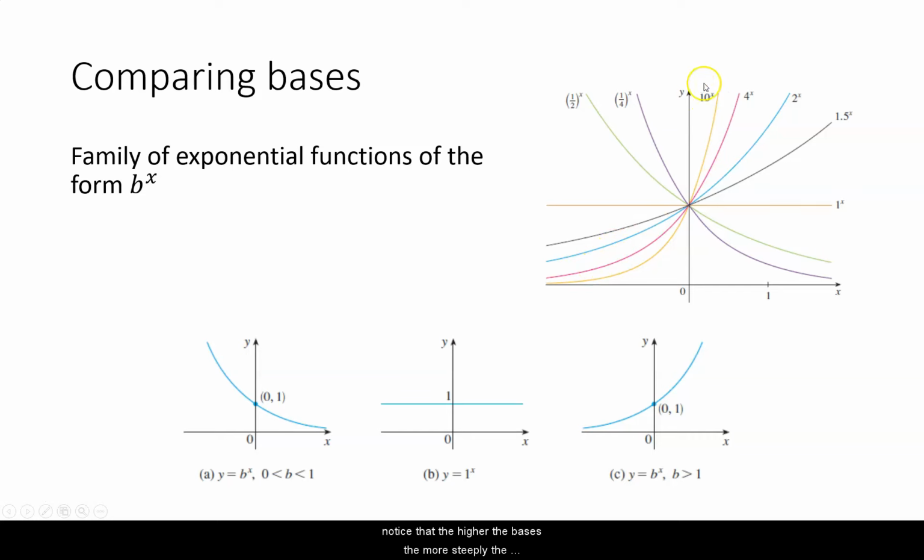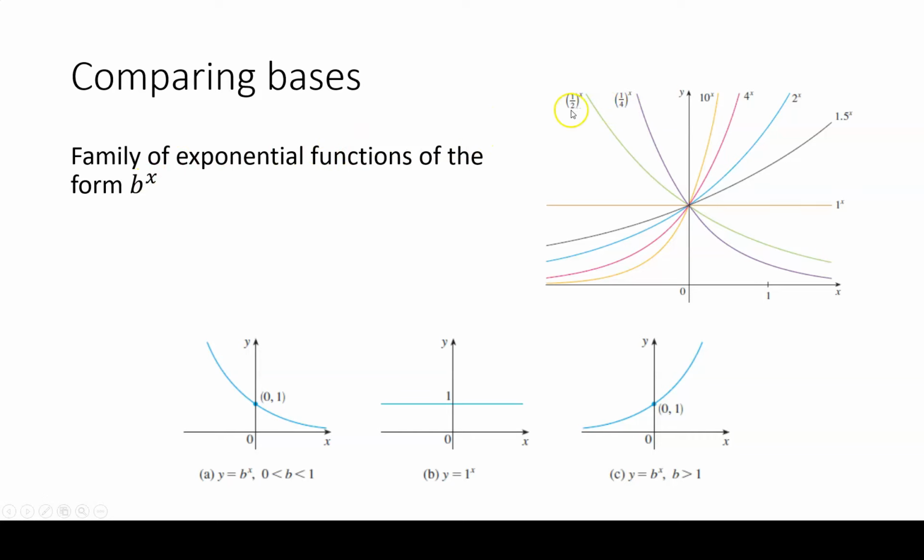Notice that the higher the base is, the more steeply the graph rises. For instance, 10 to the power of x compared with 4 to the power of x, 2 to the power of x, and 1.5 to the power of x are getting less steep as the base decreases. And then 1 to the power of x, notice, is actually a constant function, because 1 raised to any power always stays 1.